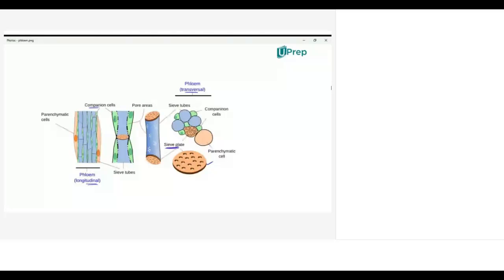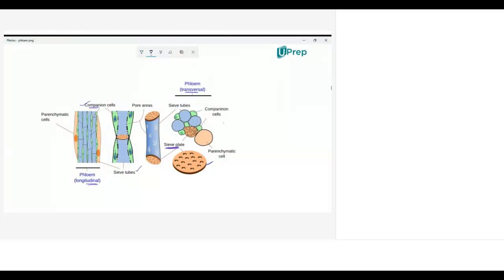The sieve tube element doesn't have any nucleus, but the companion cell possesses a nucleus. When the sieve tube and the companion cell are associated, only then can they function. That's what they have shown here.